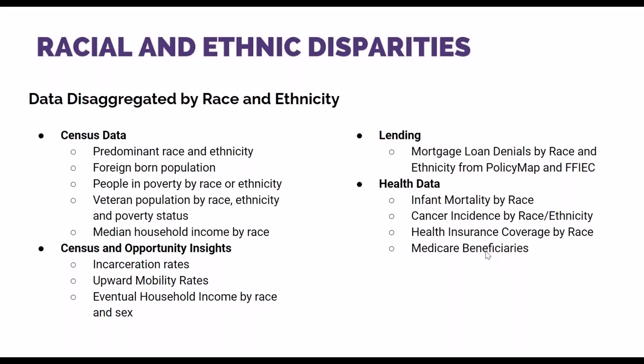If you want more information about this, I would suggest you take a look at our data dictionary or get in touch with us. And then also a really important map I have a sample of is mortgage loan denials by race, which is data from PolicyMap and FFIEC, and then health data that's been broken out: infant mortality, cancer incidence, and health insurance coverage.